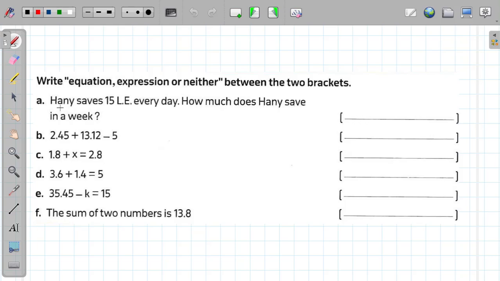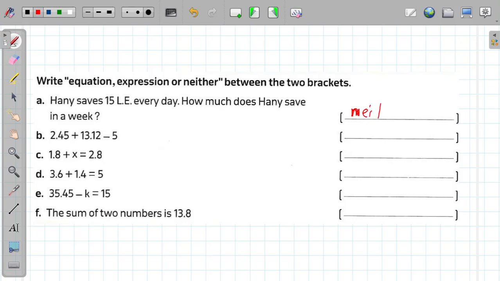It says Henny saves 15 pounds every day. How much does Henny save in a week? This is not an equation and this is not an expression because it's not a mathematical sentence. It's just an English sentence, a verbal sentence. So I can't call it an equation or an expression. So I can say here neither. It's not the first one or the second one.